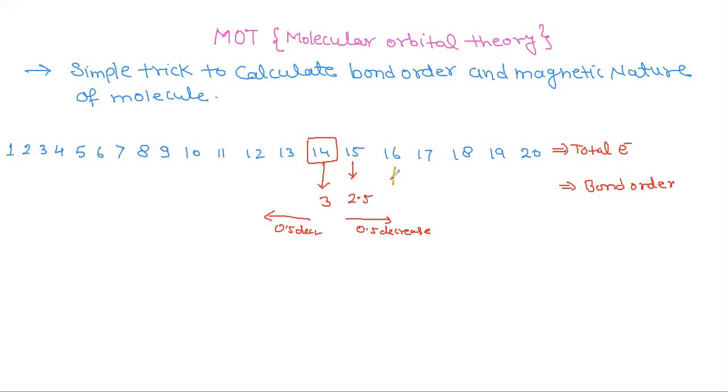At 16 the value will come to 1.5, 1, 0.5, and then 0. Come to this side again: 2.5, 2, 1.5, 1, 0.5, 0.